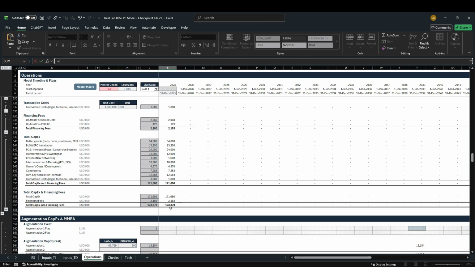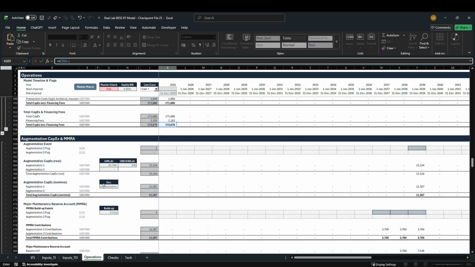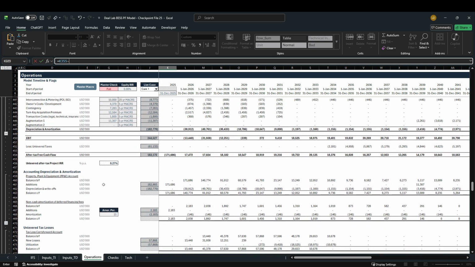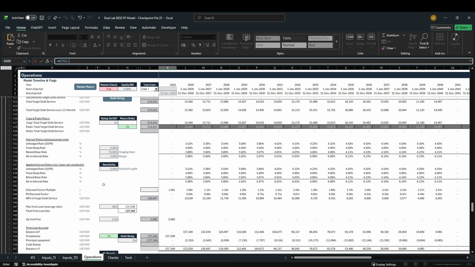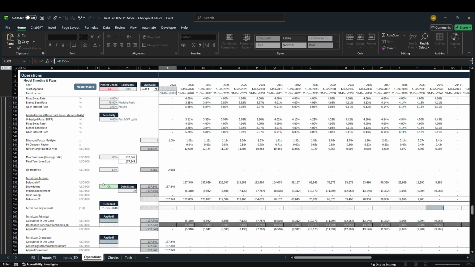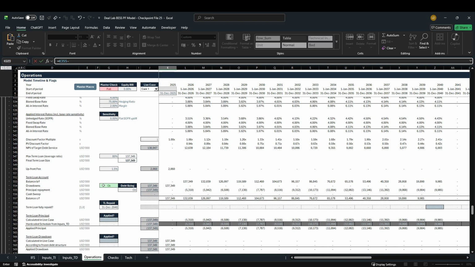So we take the total in row 355, which is 173.8 million for case 1. And then we will subtract all of our senior debt term loan that we have raised. Scroll down. So the equity sponsor essentially does not have to put in the full 178 million, but we will subtract our drawdowns under our term loan.